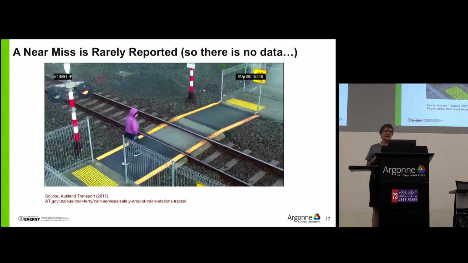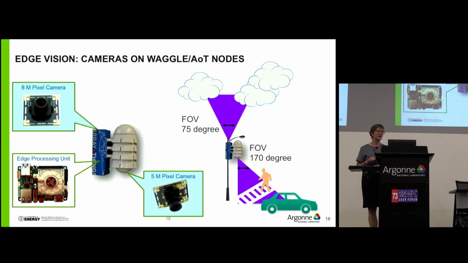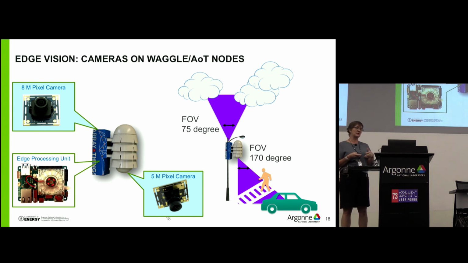And so these are the kinds of measurements that we want to make using things like cameras and machine learning and having devices out at the edge that can measure and answer these questions that require software and algorithms, not necessarily a sensor.